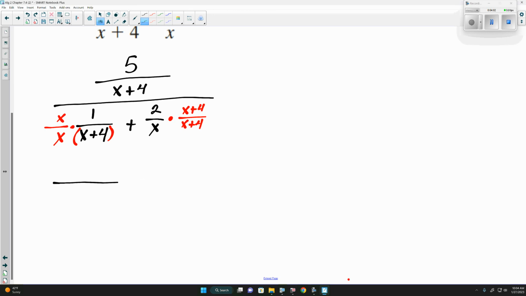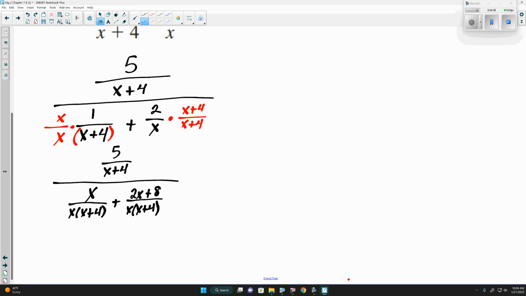Now, the numerator is still 5 over x plus 4. Our denominator fractions both have the same denominator, x times x plus 4. The numerators: x times 1 is x. 2 times x plus 4, well, 2 times x is 2x, and 2 times 4 is 8.